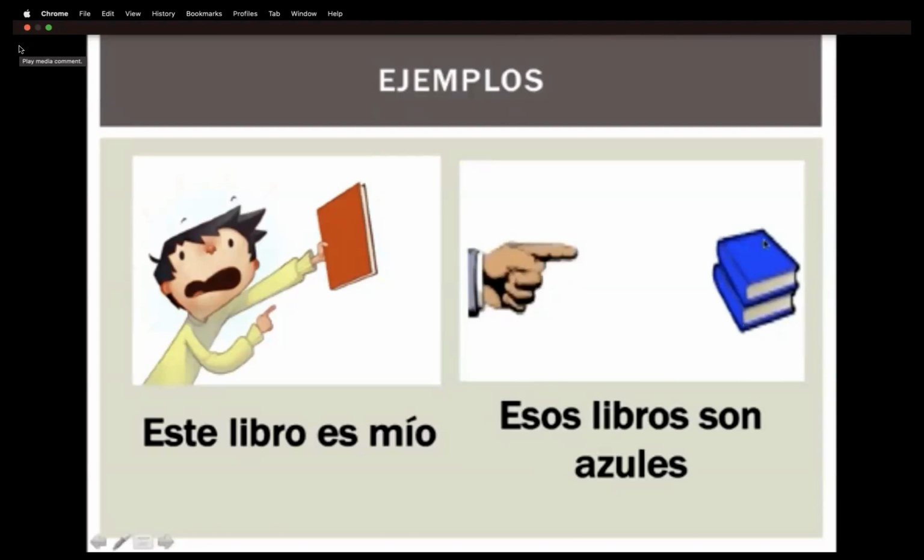Bear in mind that like all other adjectives, they agree in gender and number with the nouns that accompany them. In this case, libro, este libro, and libros, esos libros.